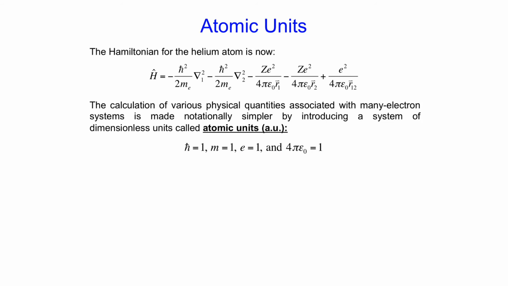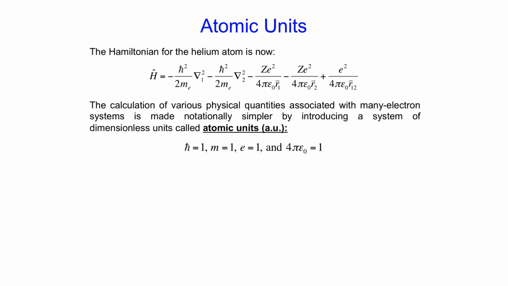So in atomic units, we would say that h bar is equal to 1, the mass of an electron is equal to 1, the charge on the electron is equal to 1, and the permittivity of free space quantity, 4 pi epsilon naught, is also equal to 1.